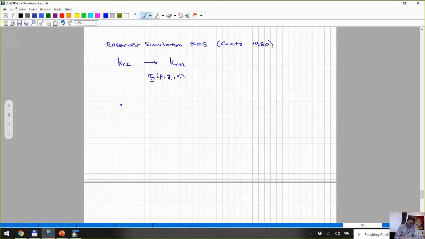And then he proposed a model that said that the Kr that we're going to use at a particular saturation, I'm just going to use oil saturation, will be Fi times Kri at that oil saturation plus 1 minus Fi times the Kr miscible at the same oil saturation.